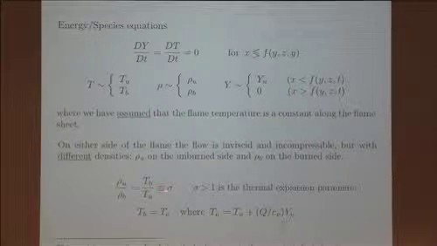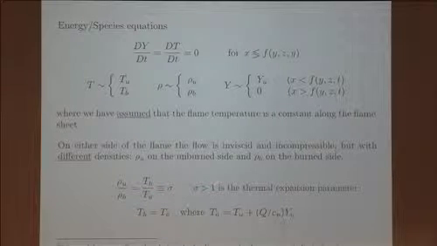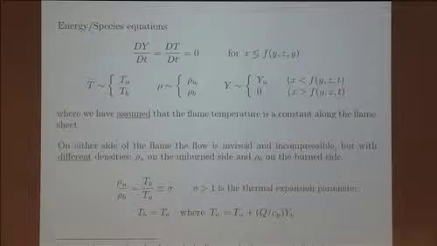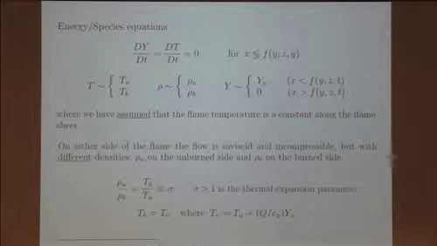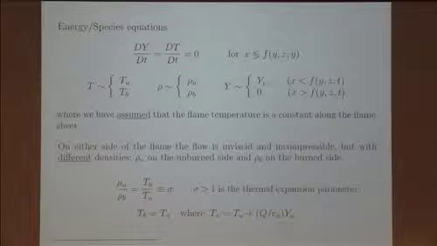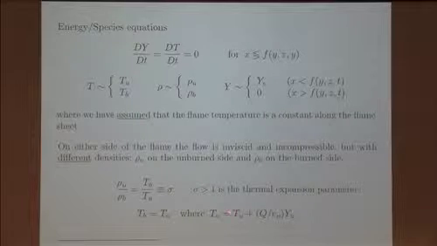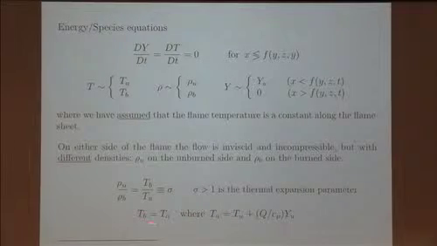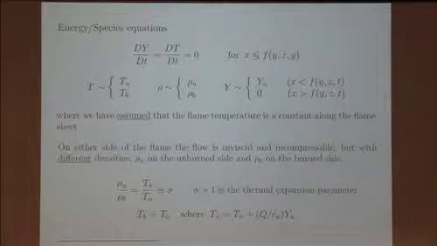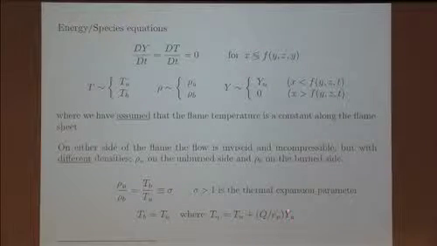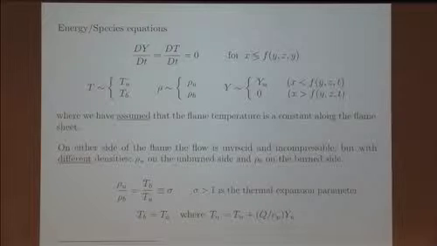Sigma is always bigger than 1, right? And I refer to it as a thermal expansion parameter. And typically, sigma is about 5, 6, 7 in that range. Okay. Now, as I said, I'm going to assume clearly that the burn temperature is the adiabatic temperature, so it's given by this expression.